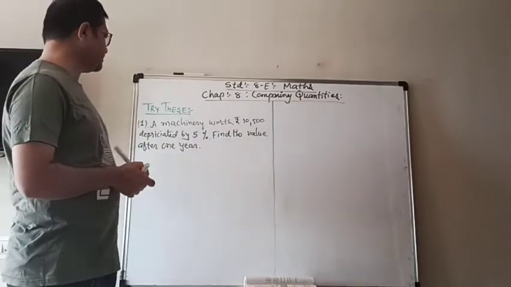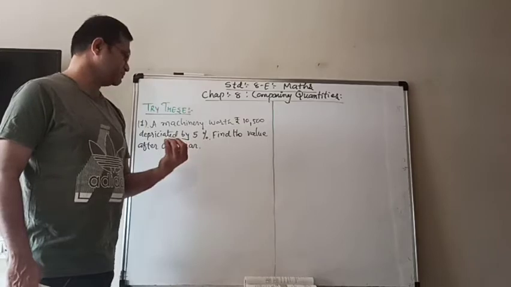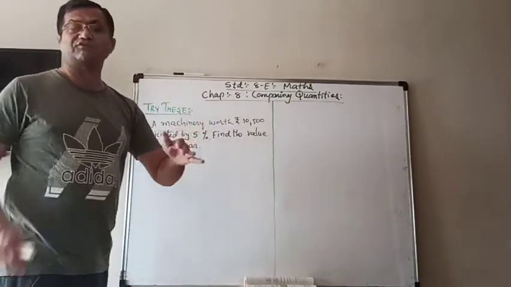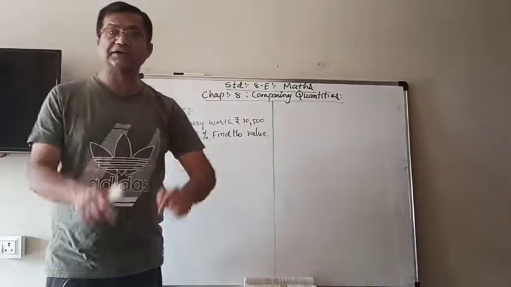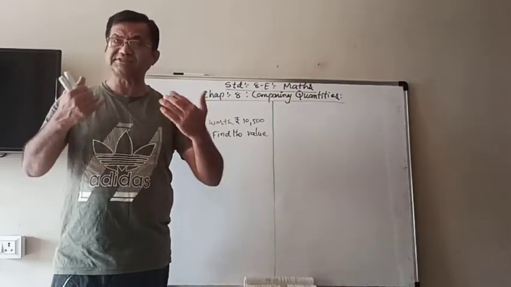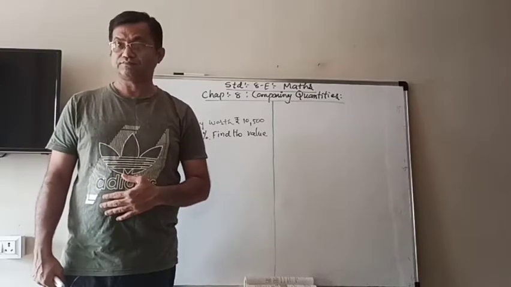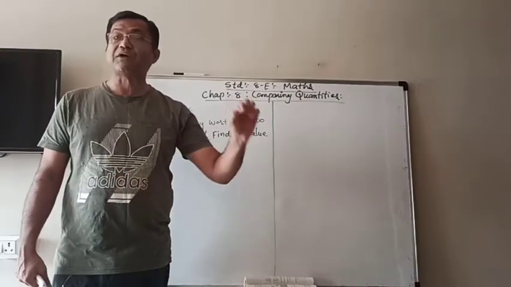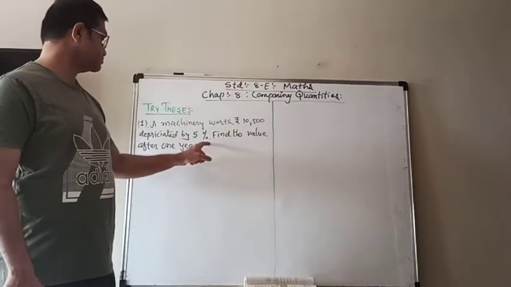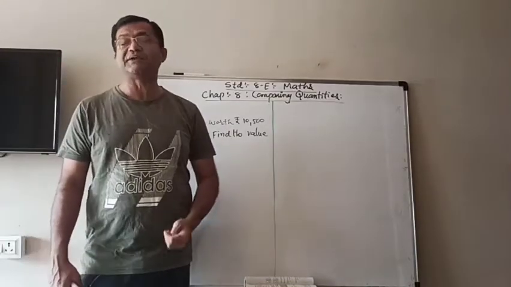So here you can see that the value of the machinery is rupees 10,500 at the current moment. But the price is depreciated. Depreciated means going down. How much? By 5%. So after 1 year, what will be the value of that machine?